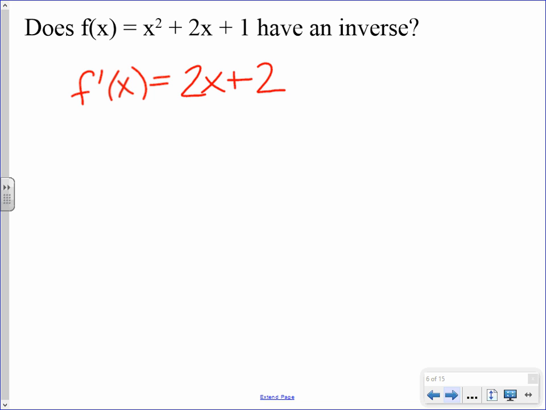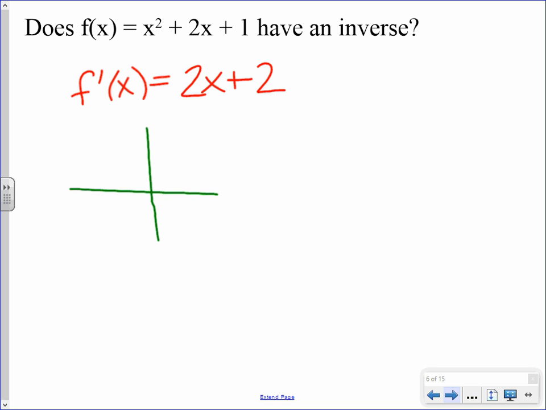Okay, 2x plus 2. Is that always positive or always negative? Is it always positive, always negative, or neither? Who said neither back there? Isaac. Why? I'm asking you why.